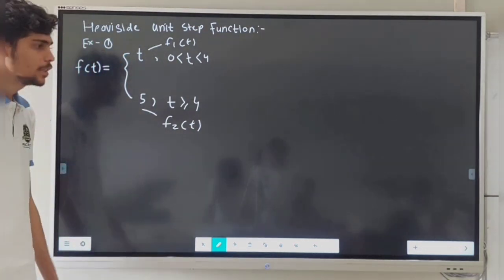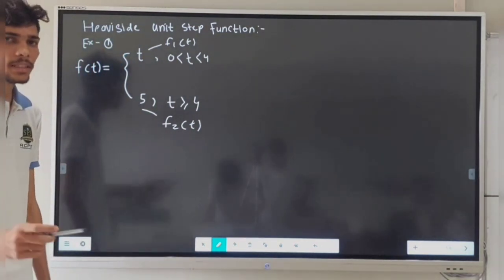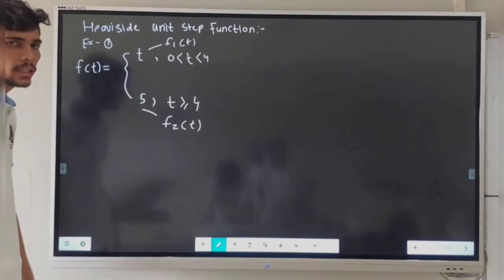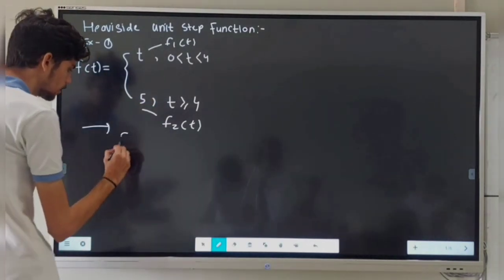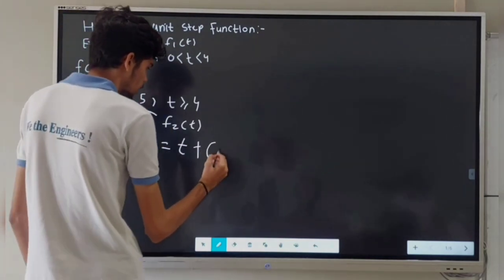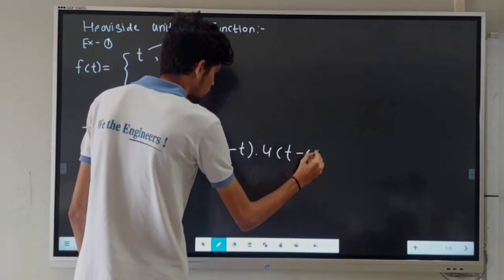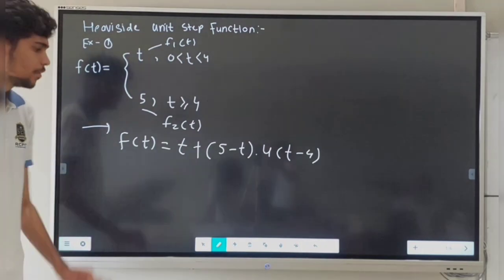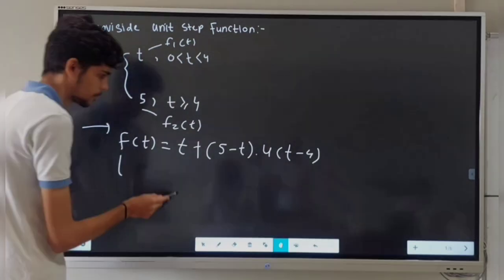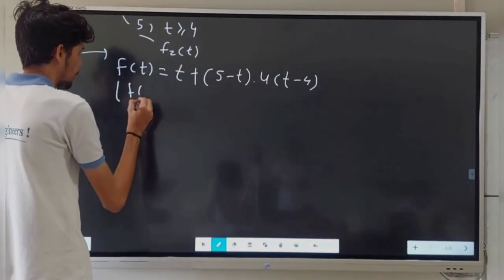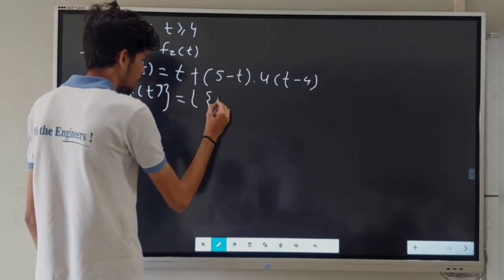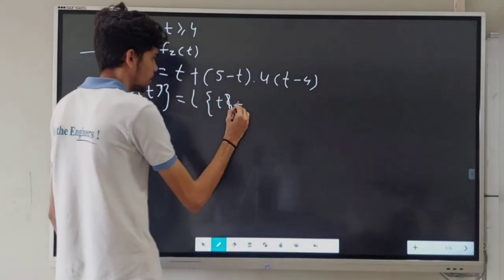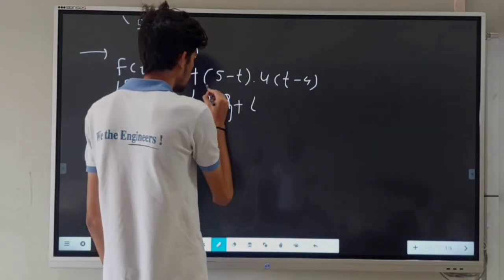To solve this question, the very first step is that we have to write down the function using the Heaviside property. The second step is that we have to take the Laplace of this: Laplace of the first term, Laplace of the second term.